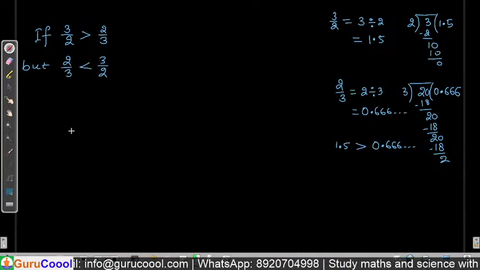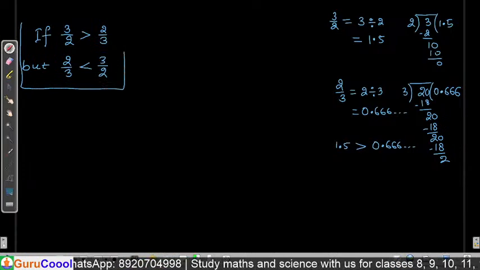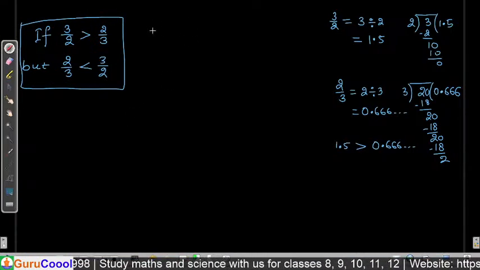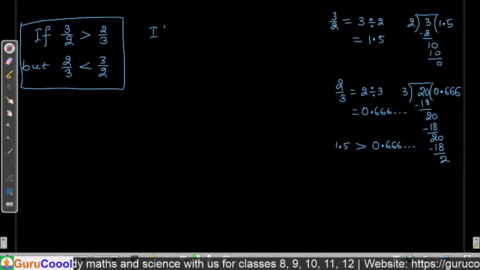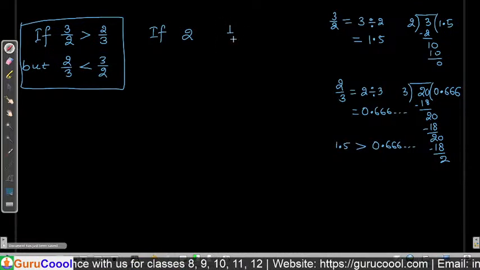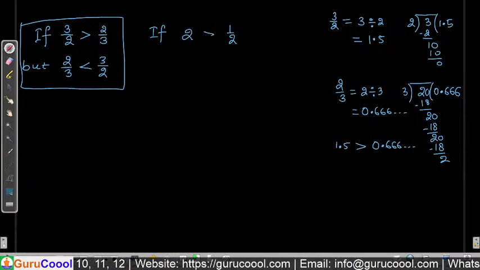Did you understand this or not? Now tell me, which one is greater, 2 or 1 by 2? 2 is greater. Okay.